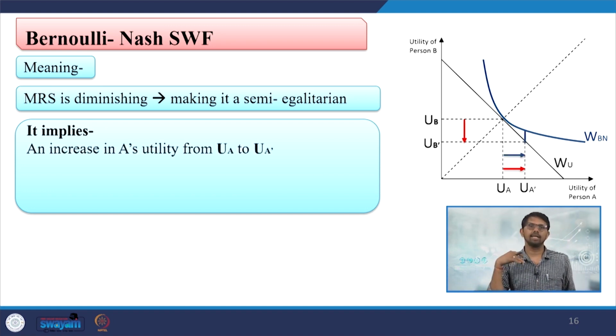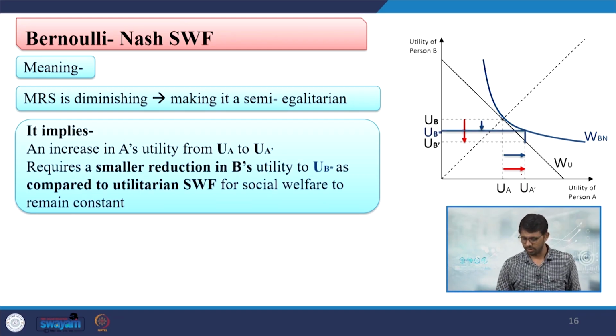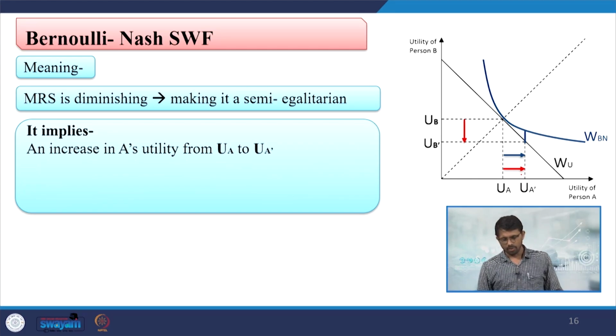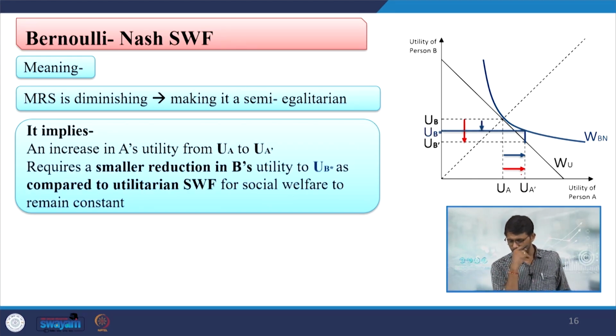This implies that an increase in A's utility, highlighted over here, so UA to UA prime, we could see from the welfare function of the Bernoulli-Nash SWF that there is compromise from another person's utility, and we will actually reach the maximum frontier.